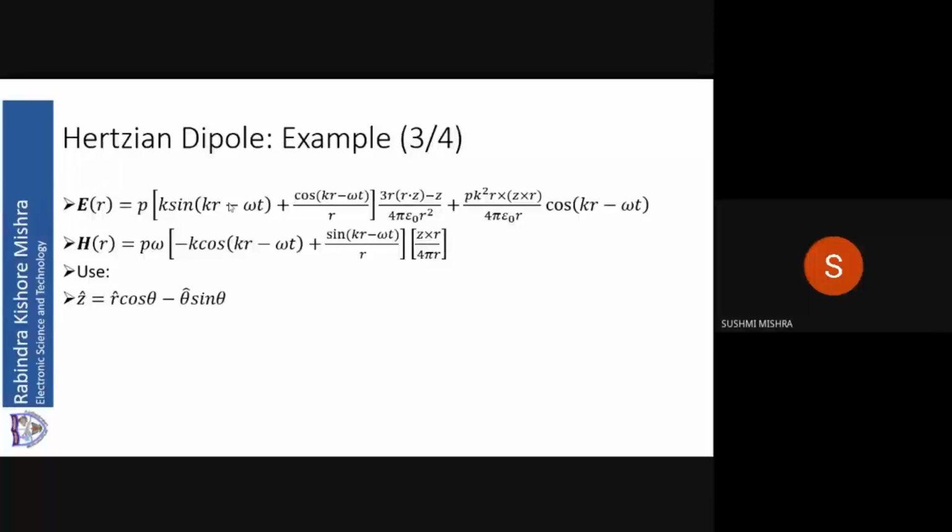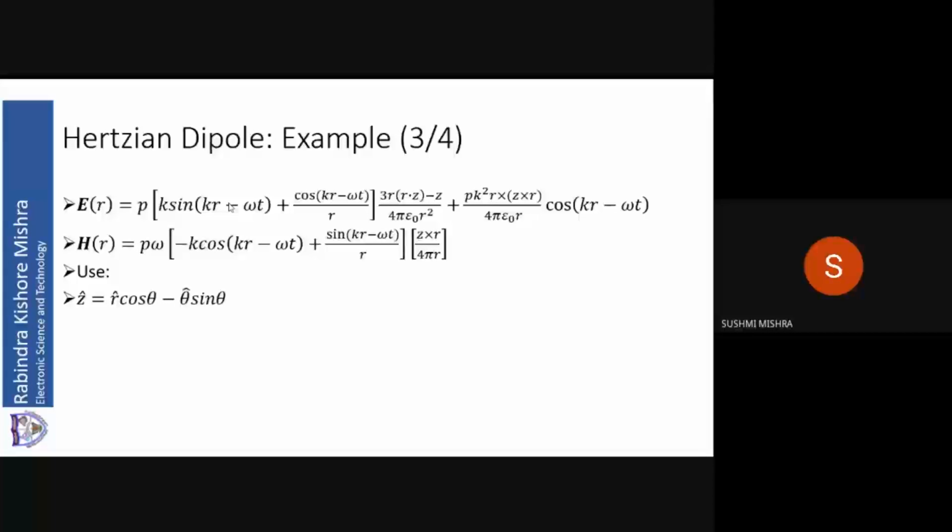Now, if you have an element along z, which is the current element, that will make an angle theta with r cap. So along r cap, the component will be cos theta. Therefore z cap is equal to r cap cos theta. Then along phi, there will be no component because it is symmetrical in phi.